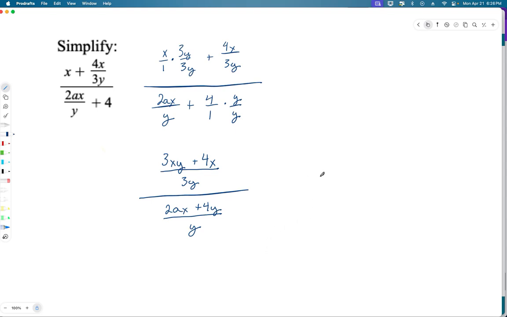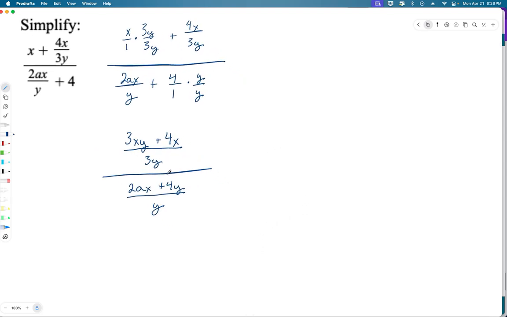So we are going to keep the first fraction the same, 3xy plus 4x over 3y. We're going to change this from division to multiplication, and I'm going to flip this fraction. So now the y goes on top, and 2ax plus 4y goes on the bottom.